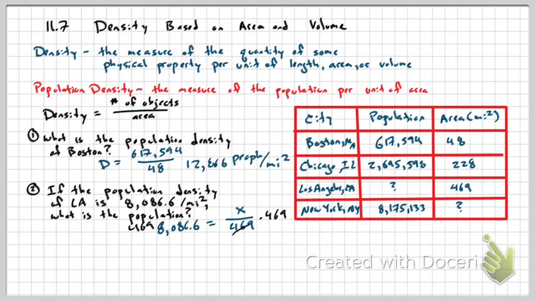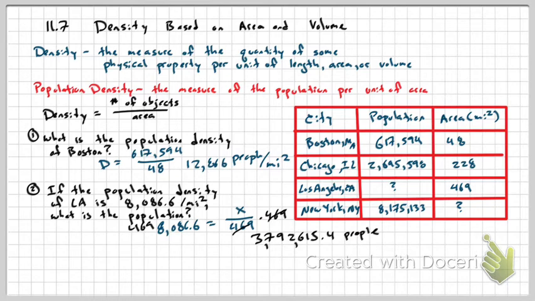Crosses out on the right-hand side. So 6,086.6 times 469 is, big number, give me 1 second, 3,729,615 people.